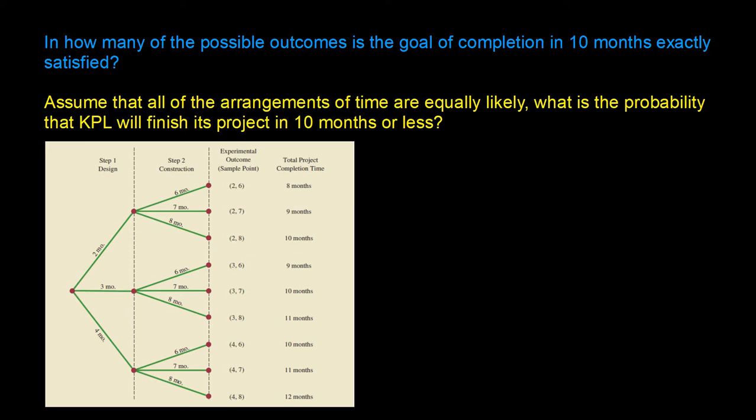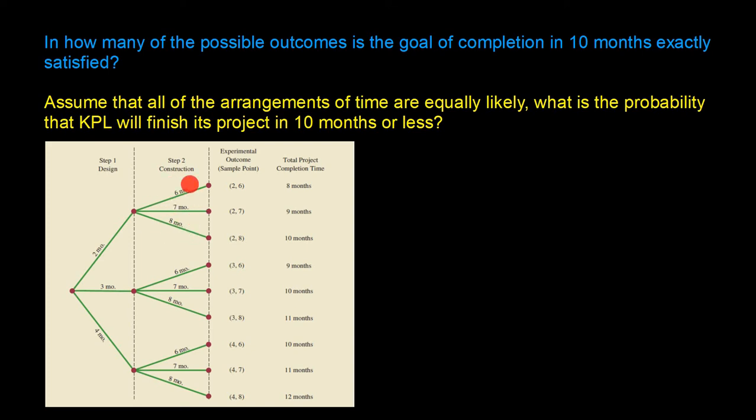So there, in this drawing, we can see that this dotted line, everything to the left, represents the first stage. So we can spend either 2 months or 3 months or 4 months. This piece here represents the possible times for the second stage. So we can spend 6 months, 7 months or 8 months.